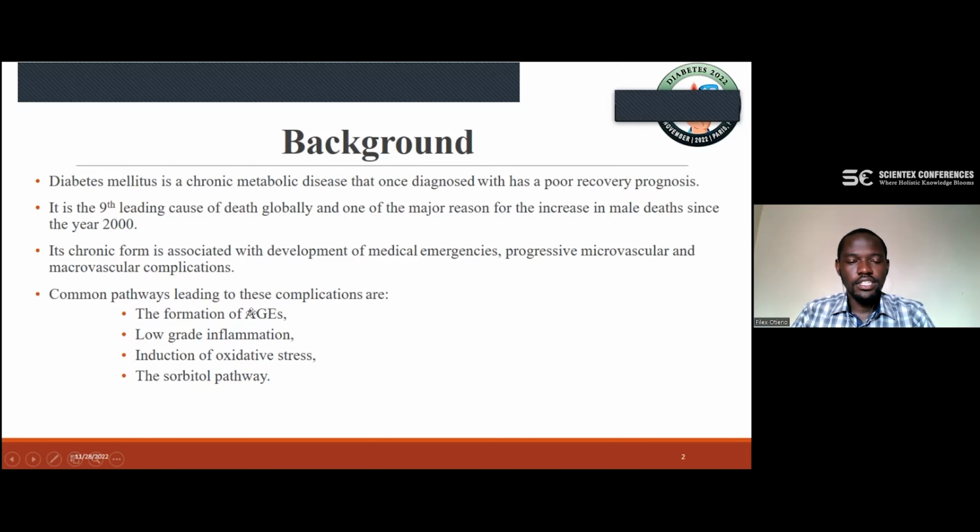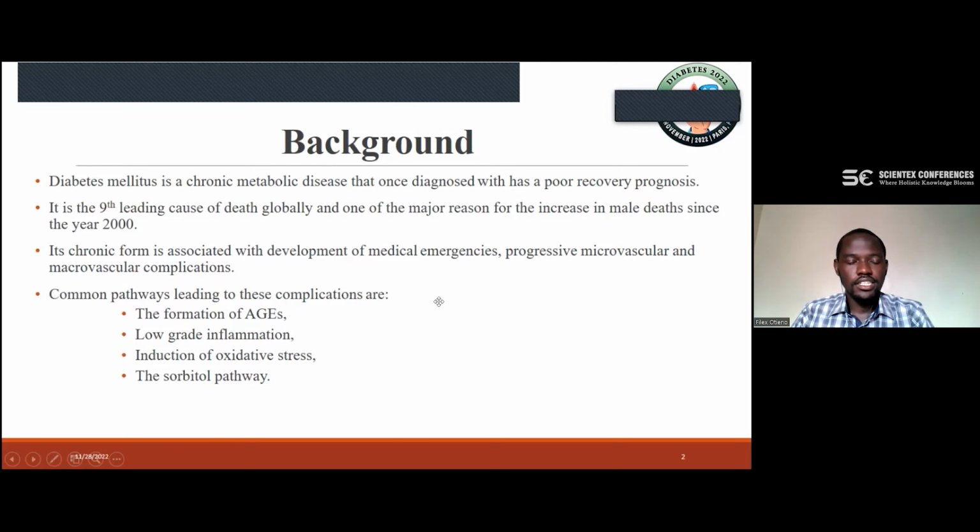The AGEs are just glucose being covalently bonded to proteins within the body, disrupting their functions. The low-grade inflammation is a result of immune response, similar to induction of oxidative stress.